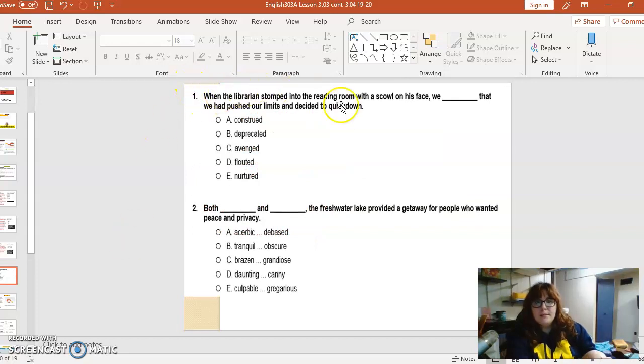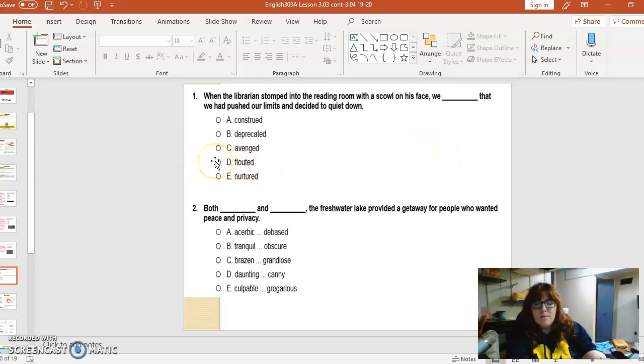When the librarian stomped into the reading room with a scowl on his face, we blank that we had pushed our limits and decided to quiet down. So if you're looking at all these, you're trying to figure out which one best fits. I'm going to look at the words I know the most. I love the Avengers. I know avenging means that you're going to get revenge, and that doesn't make sense, so that's out.